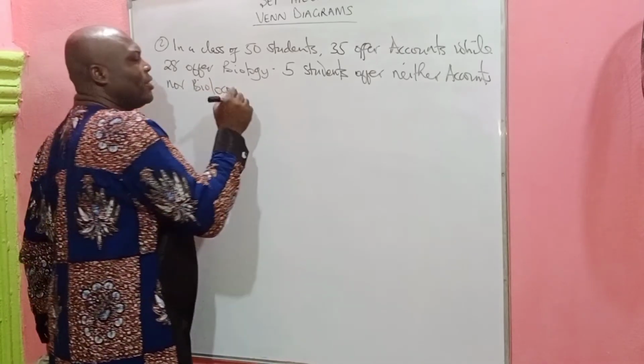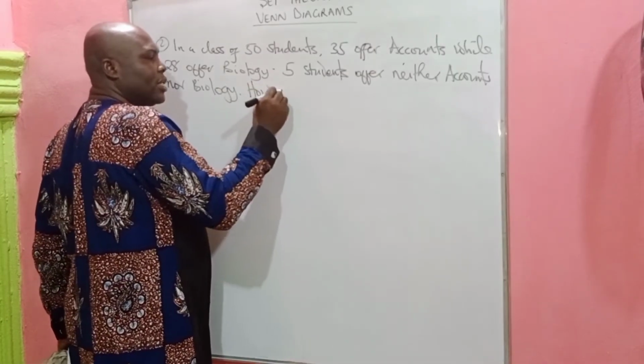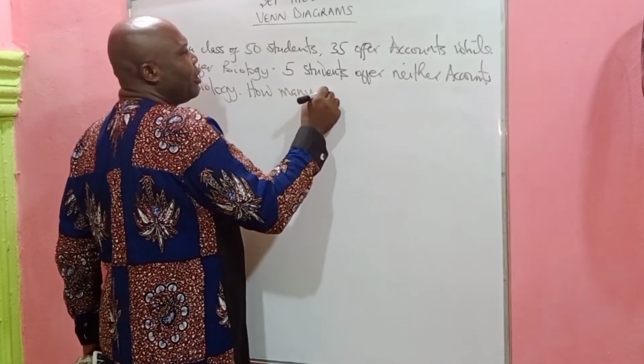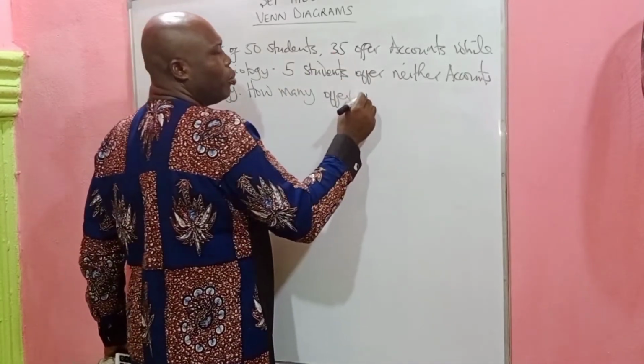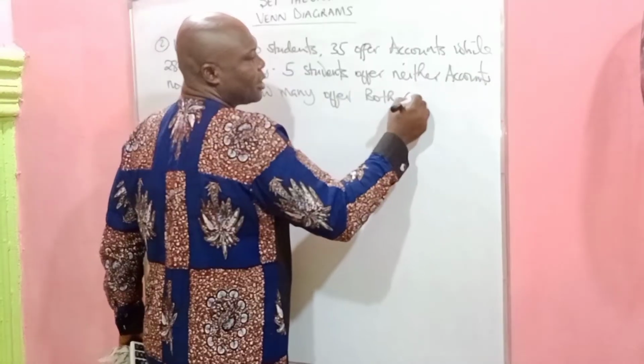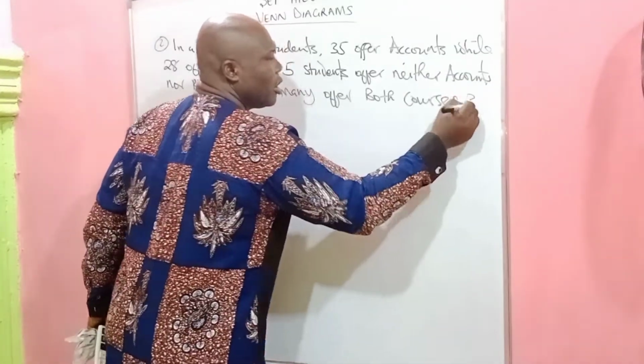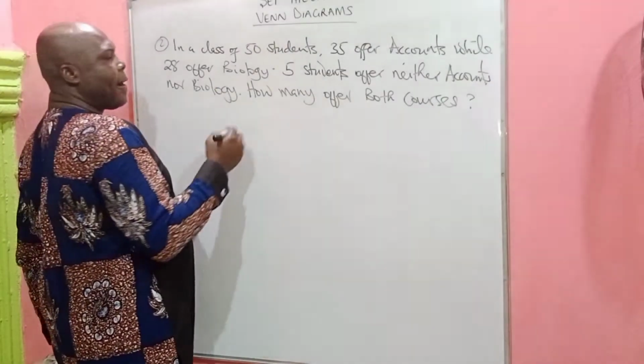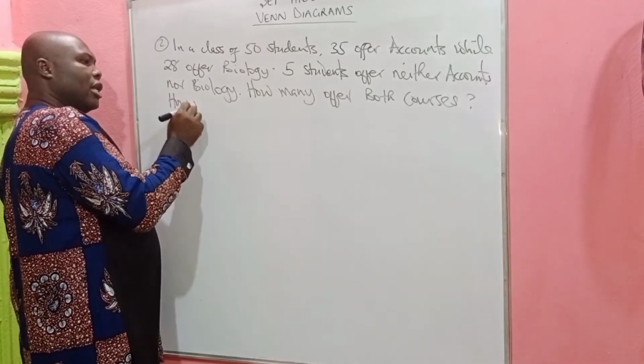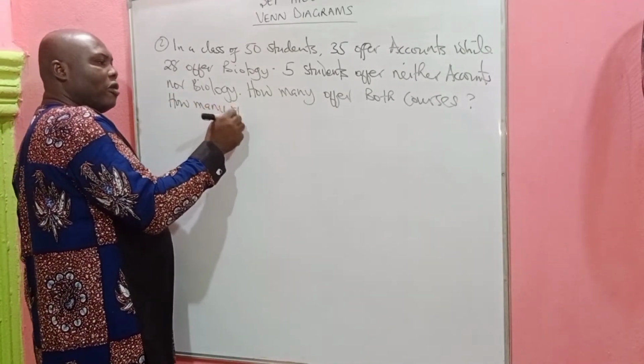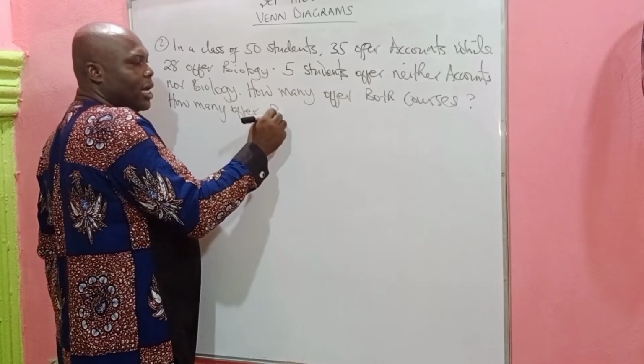Now the question will be, how many of the students offer both courses, that's accounts and biology, and then how many offer, let's say, purely accounts.